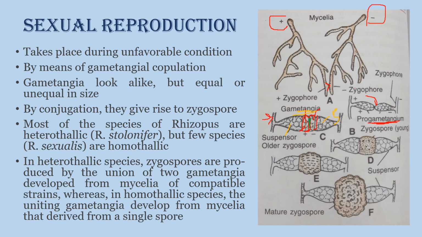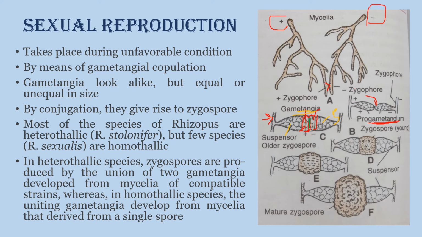When it dissolves, there is mixing of protoplasm of both the gametangia. This mixing of protoplasm is the fusion of the two gametangia. This is the sexual reproduction.